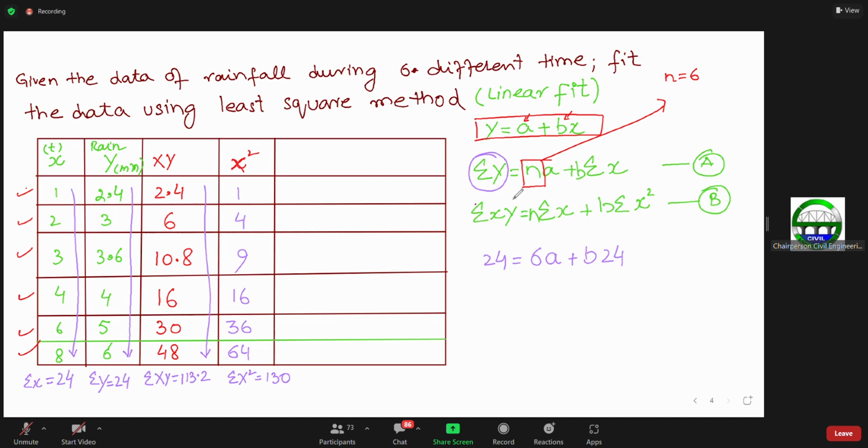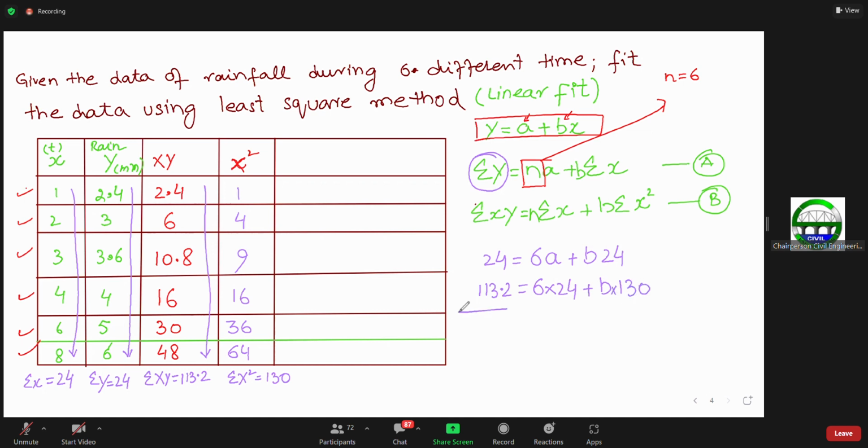Then we have Σxy, which is 113.2 = 6a + b times... n is 6 and Σx is 24, plus b times Σx², which is 130.